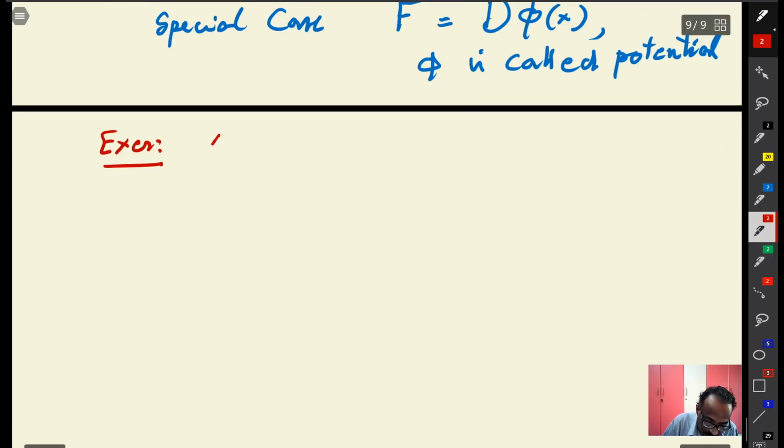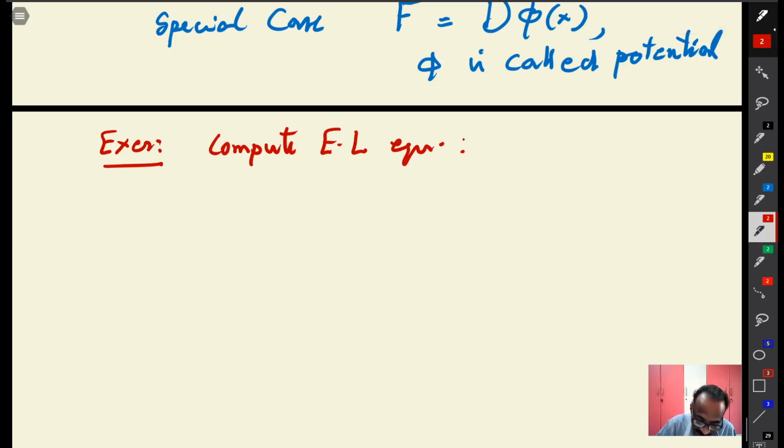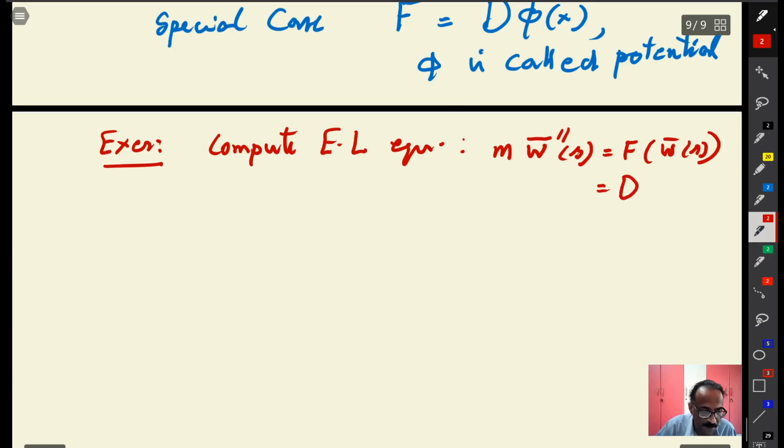While you compute the Euler-Lagrange equation, which you already know, what you get is m into w bar double prime of s is equal to F of w bar of s, and that's nothing but your d phi of w bar of s.